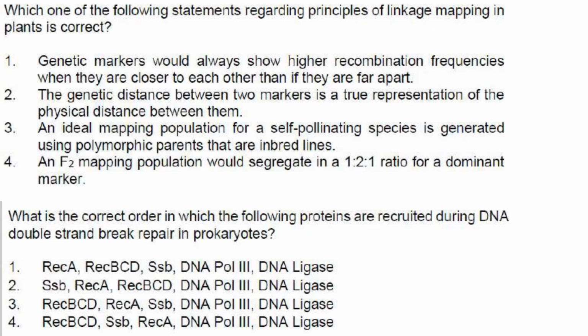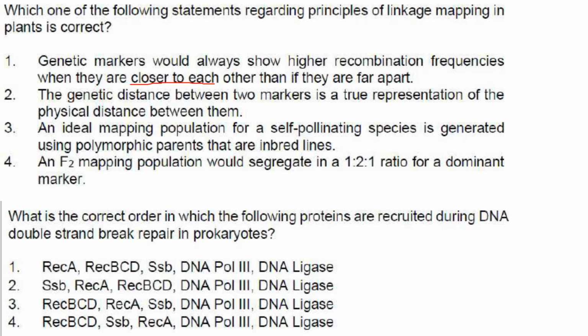Okay, next one. Which of the following statements regarding principles of linkage mapping in plants is correct? Genetic markers would always show higher recombination frequencies when they are closer to each other than when they are far apart. That is highly incorrect. Not when they are closer to each other, but when they are far apart, they show high recombination frequency. So the first option is not correct.